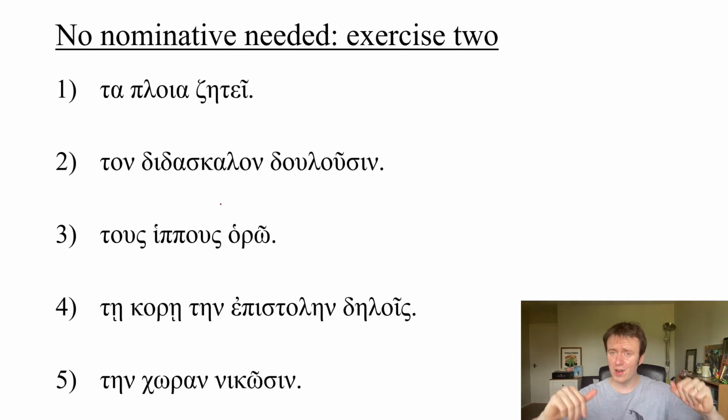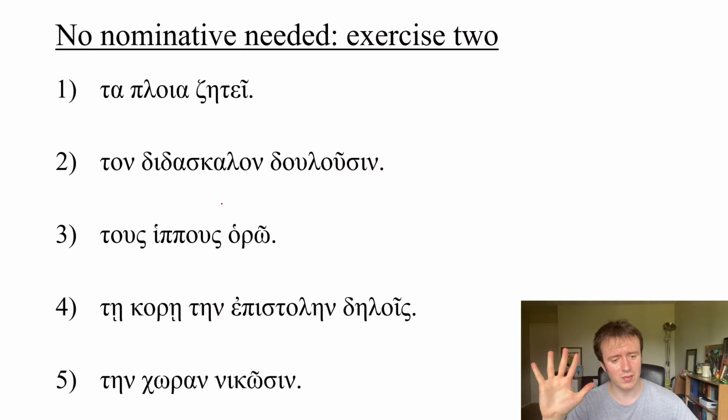And here is that very exercise. Exercise 2, which uses contract verbs and in one of the sentences also uses the noun kora, but it may not be in the nominative case, okay? So make sure you check the definite article before it to work out the case and number of the noun. But have a go at these 5 sentences.